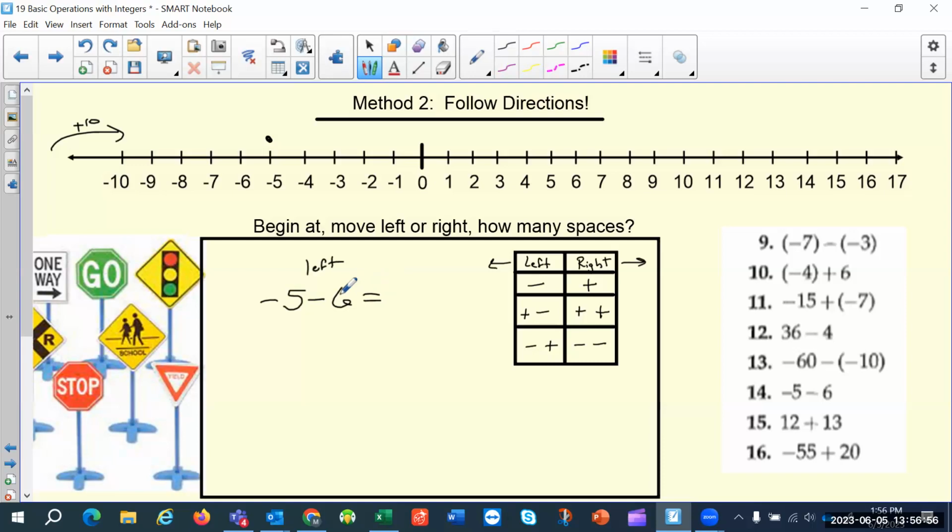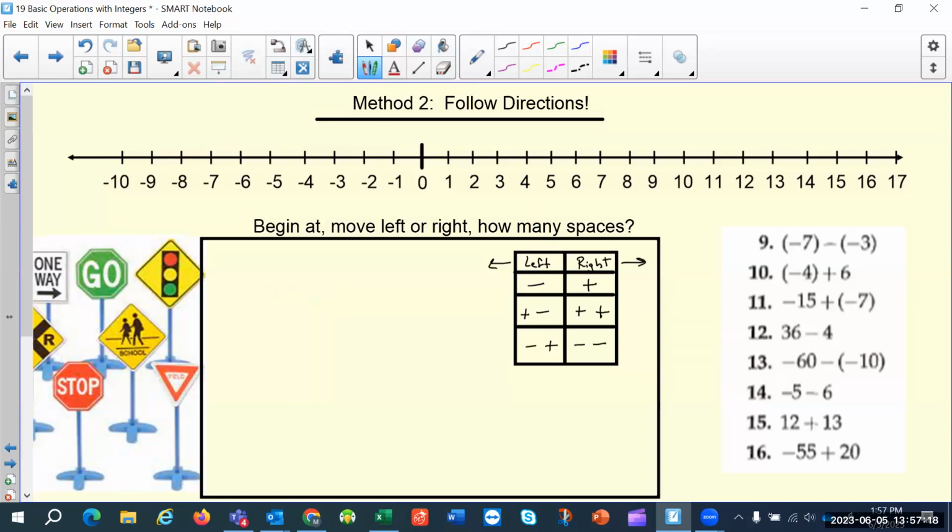Minus goes to the left, 6 spots. 1, 2, 3, 4, 5, one more, 6 would be negative 11. And that's exactly what it is. Negative 5 minus 6 equals negative 11. Hopefully, this is starting to really make sense about now.